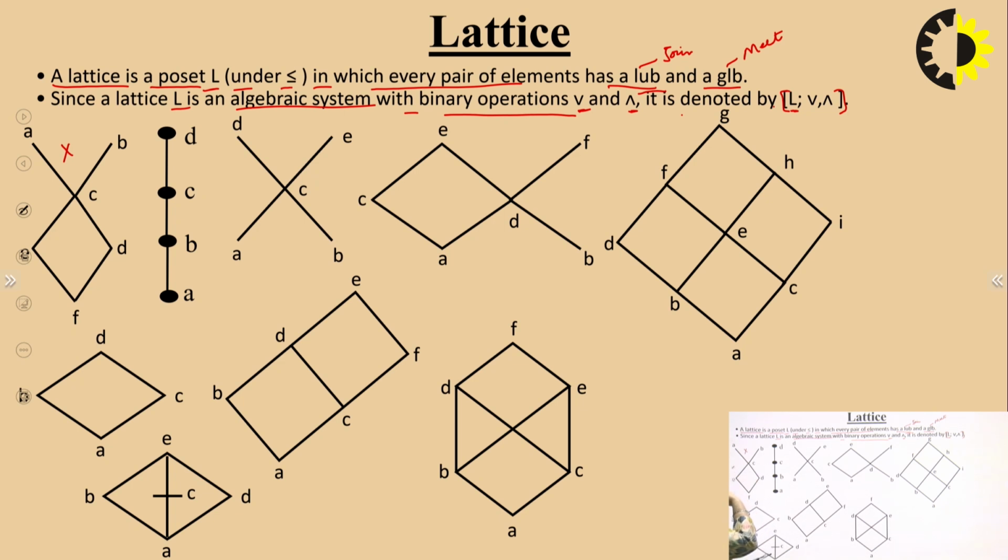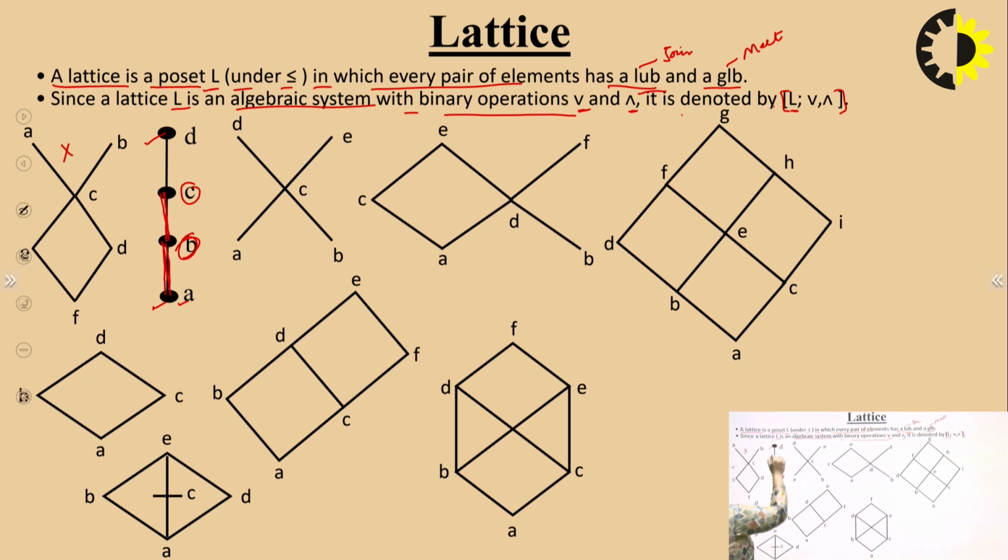Again, now here we have a single bottom and a single top. Now we will search for each and every pair, what will be its join or meet. So let us take A and B. For A and B, the very first point of meeting will be A, so A will be its meet. And B will be its join. Now for B and C, the greatest lower bound or meet is B, and for join we find the top, so C will be its join.